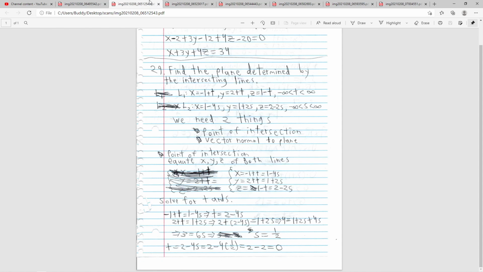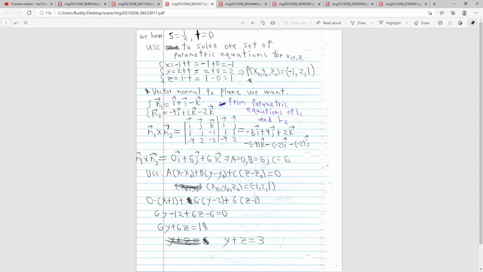And negative 4, 2, and negative 2 come from negative 4s plus 2s minus 2s. And the reason we take the cross product is that it'll give us a perpendicular vector, a normal vector to n1 cross n2, the two normal vectors. We want what's normal to them. These normal vectors are parallel to these lines.